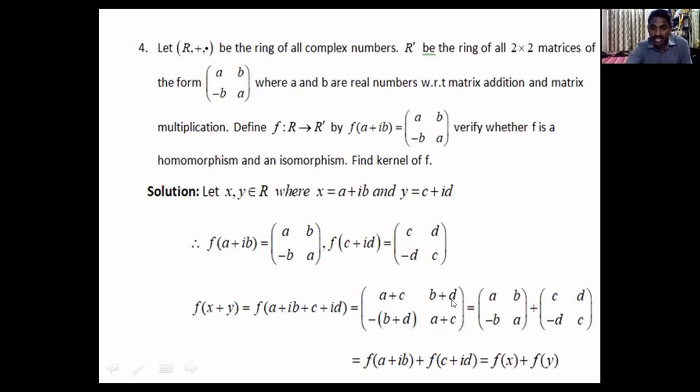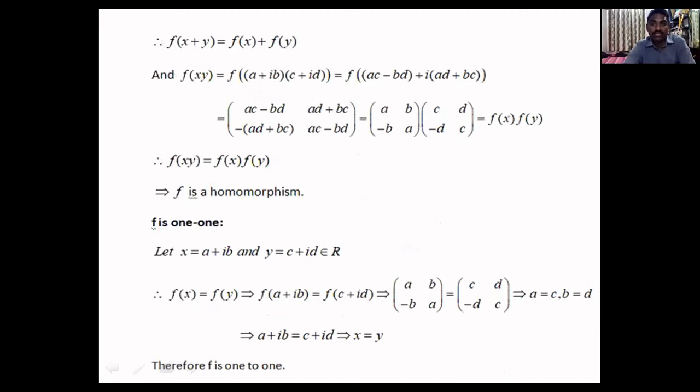Again it can be written as [[a, b], [-b, a]] + [[c, d], [-d, c]], which is f(a + ib) + f(c + id), that is equal to f(x) + f(y). Therefore, f(x + y) = f(x) + f(y).